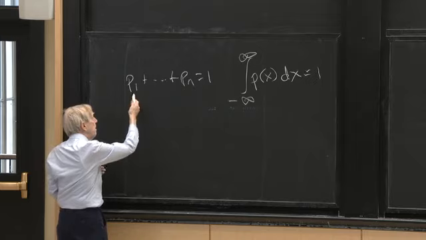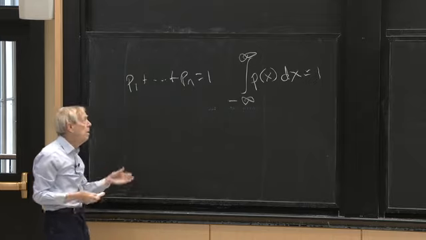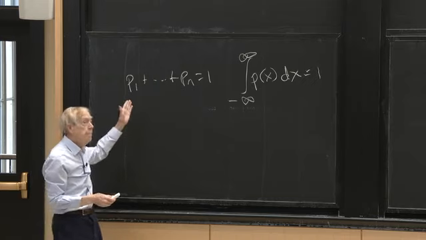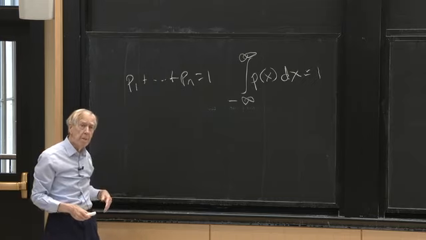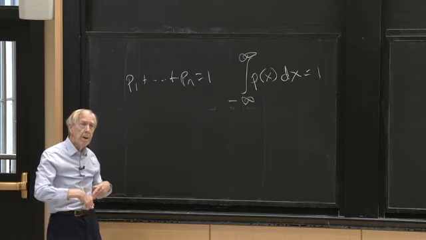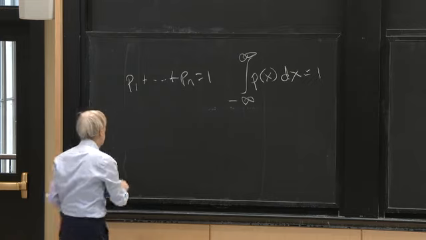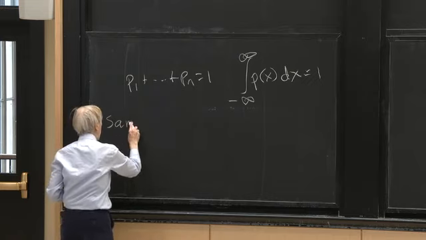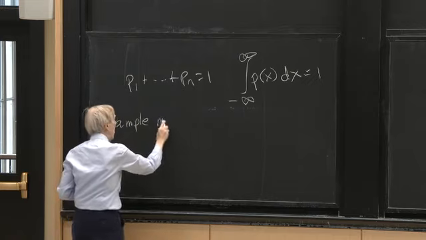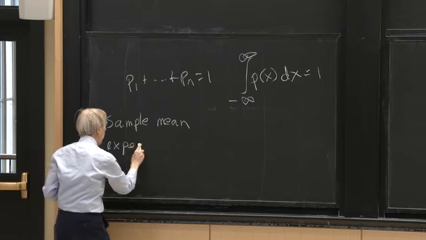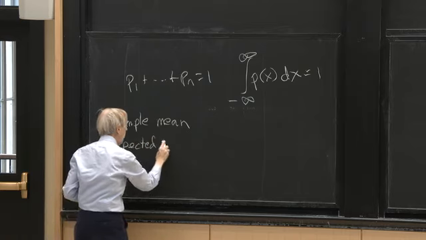I have n possible outcomes with those probabilities. And I can ask you about the sample mean, or I can ask you about the expected mean.